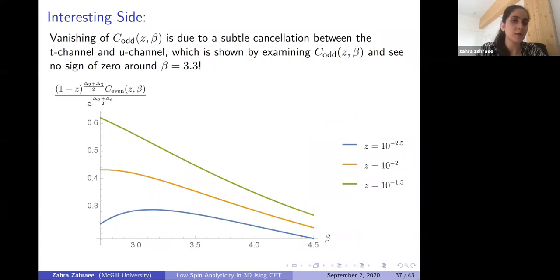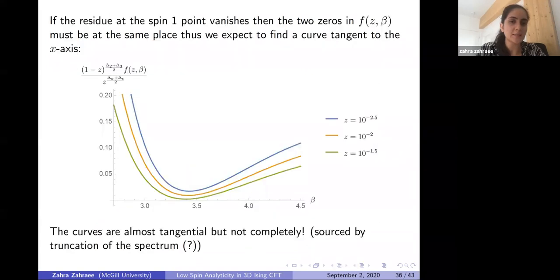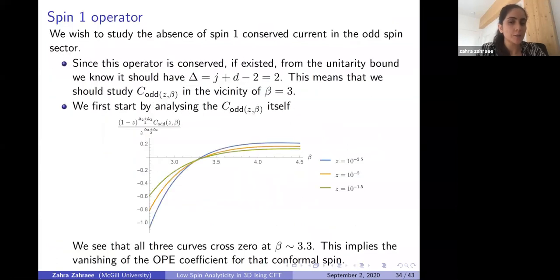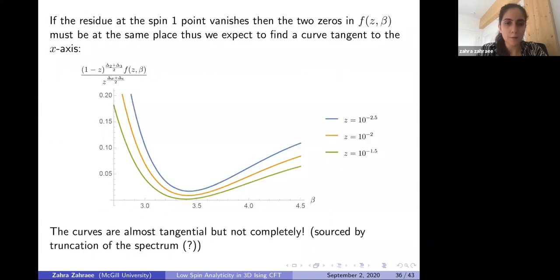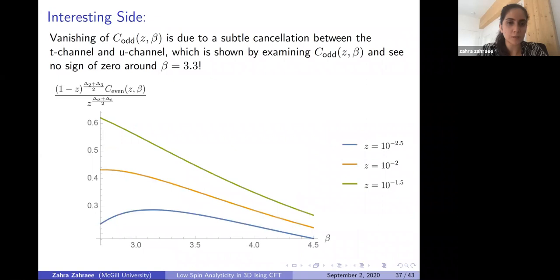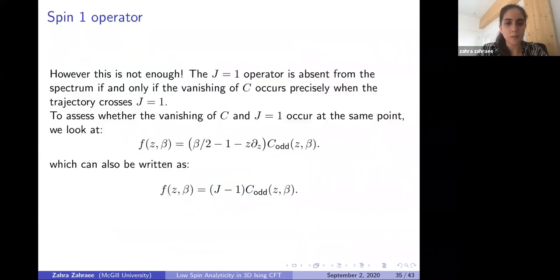One interesting side is that the cancellation in the generating function that we saw earlier is due to the following. We earlier saw that to get the Lorentzian inversion formula, you had to sum the T channel and U channel contribution with a factor of minus 1 to the J. If you're looking at the odd spin trajectory, you would have, of course, minus 1.